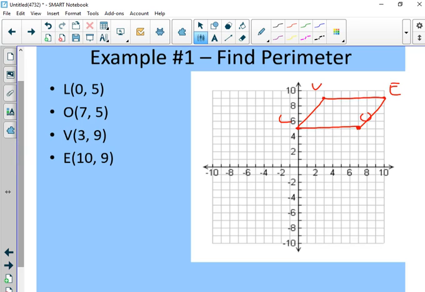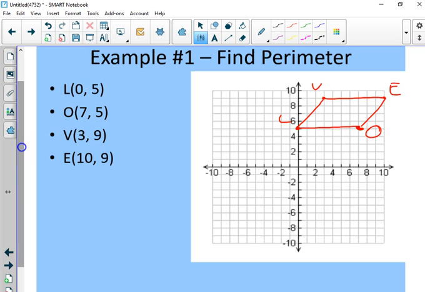So there's our shape right there. Okay? That didn't work out very well. So there's our shape.